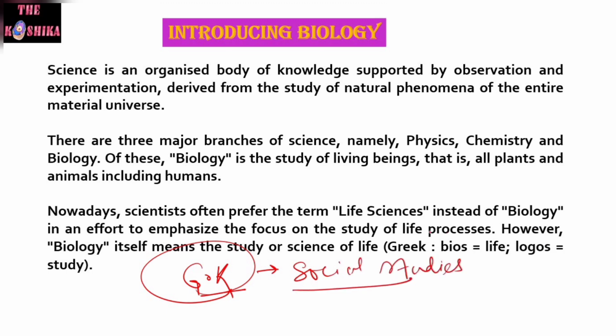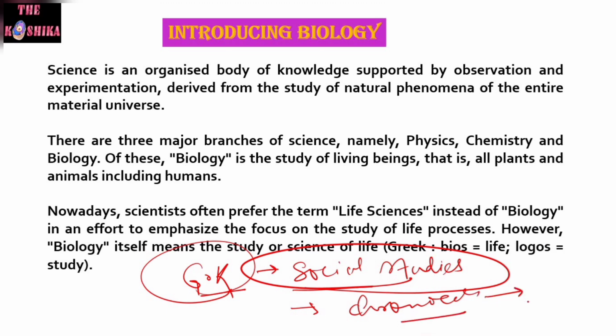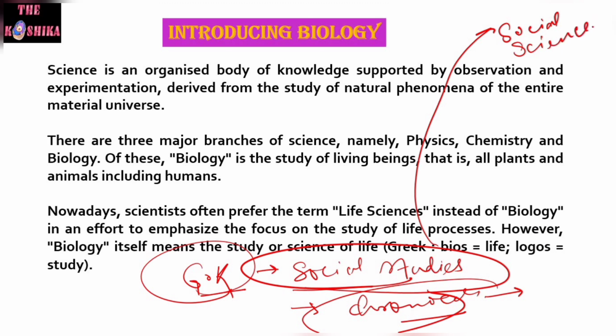But when you study all the things in social studies in chronological order and in a very stepwise manner, the same social studies is termed social sciences. Simply, the word science indicates an organized method of knowledge, a stepwise study of something.